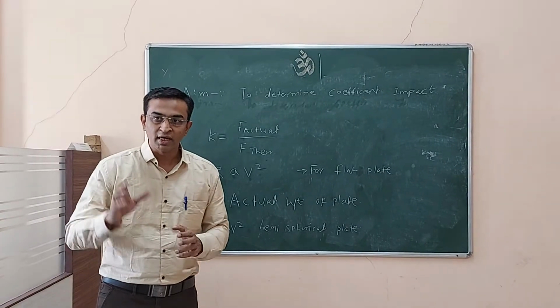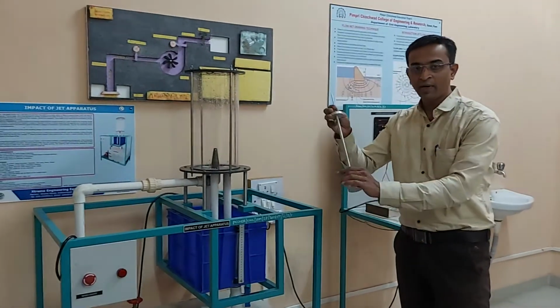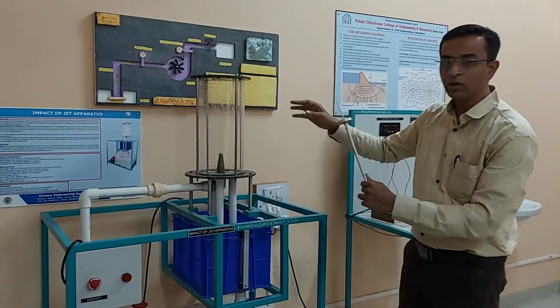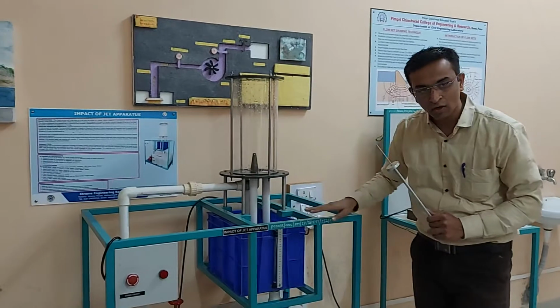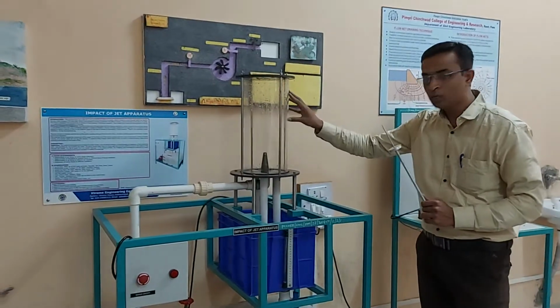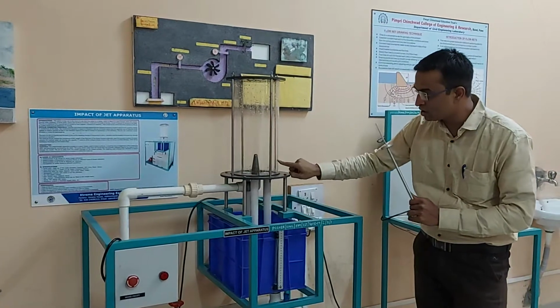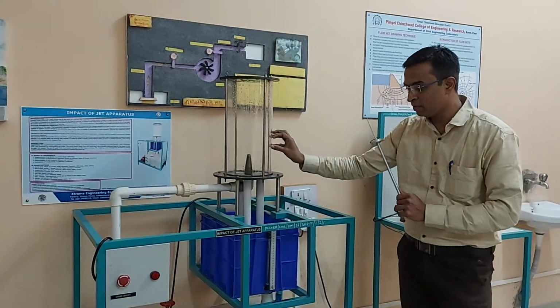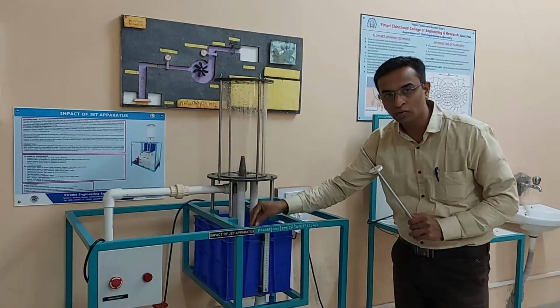Now we will set up the objects. This is the flat plate. We are going to place it in this impact of jet apparatus. This is the nozzle, whose diameter is 8 mm. This blue tank is the measuring tank where we are going to measure the discharge.